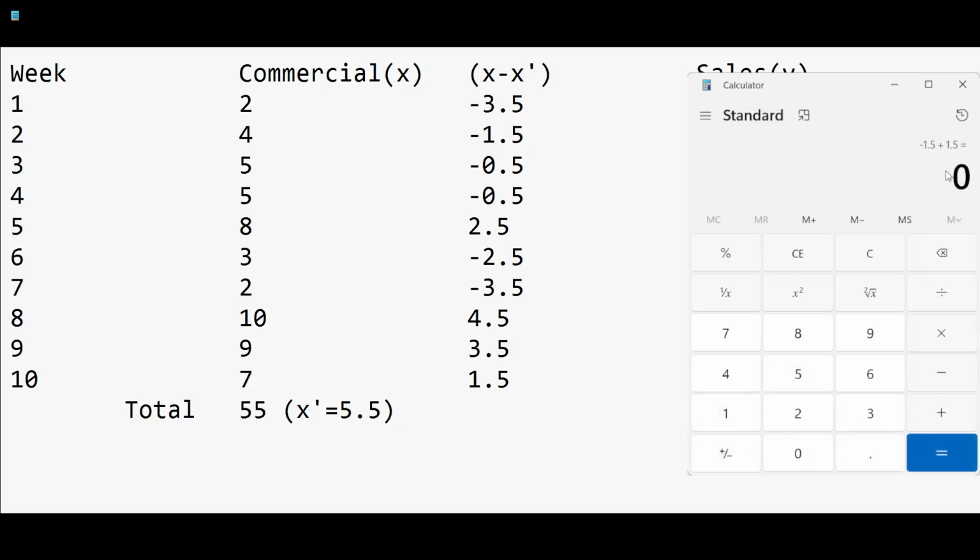So the answer is 0. So that is correct. Our answer is correct.